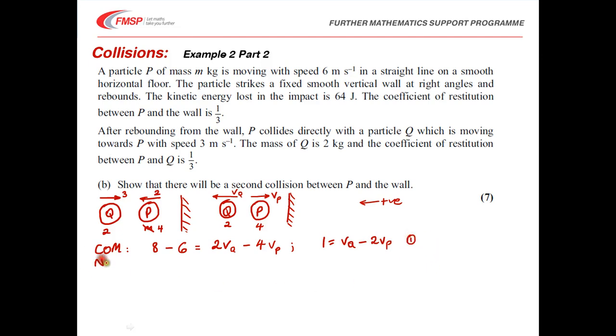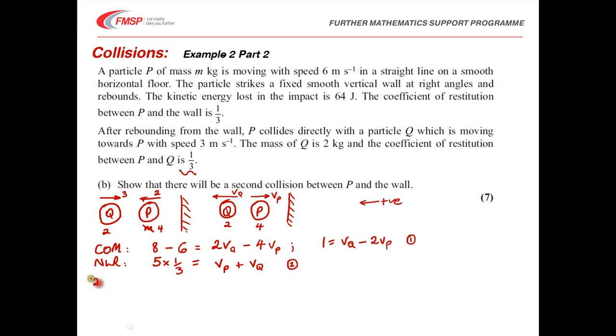If I then use Newton's law of restitution, separation speed equals E times approach speed. So the approach speed is 5, 3 plus 2, times E, which we know is a third from the question. So that's E times approach speed, and the separation speed becomes VP plus VQ. That gives us our second equation, and we can solve those two.